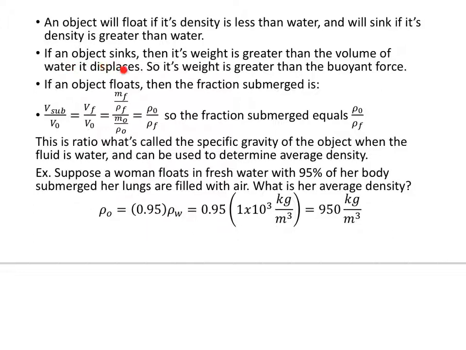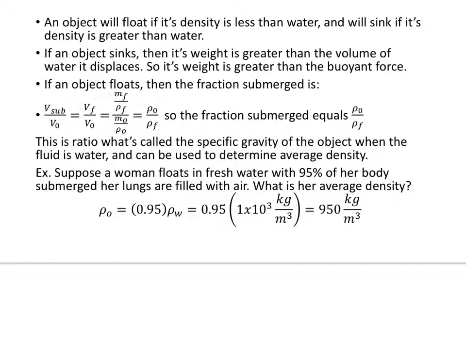So the reason why the object sinks is that its weight is greater than, I should have said the weight here, should have had the word weight in here, than the weight of the volume of the water that it displaces. So therefore, the weight of the object is greater than the buoyant force. So we've got the weight acting down, the buoyant force acting up. The weight is bigger than the buoyant force, and so it sinks.